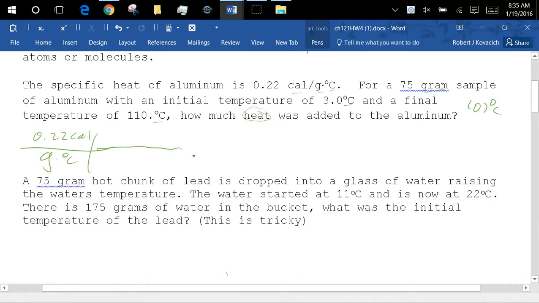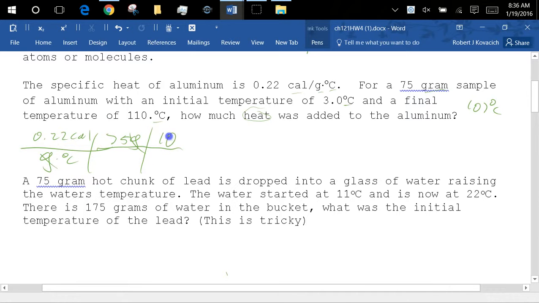Why did I start with this here first? I have my calories right where I want them. So now all I need to do is cancel out that grams and that degrees C. So I have 75 grams there. There's the 75 grams. That's gone.